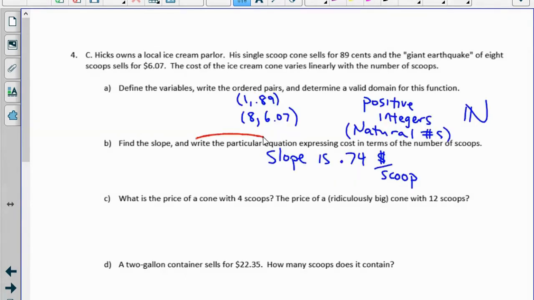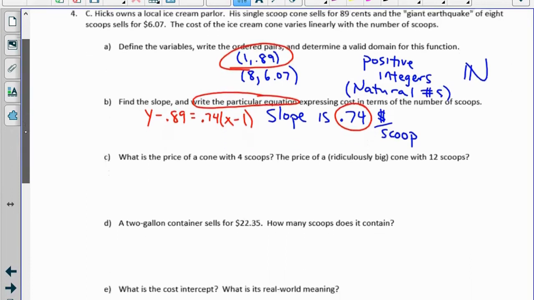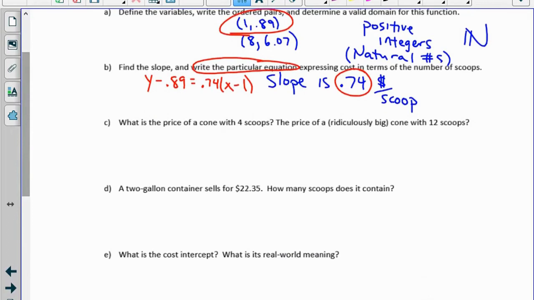And we're going to write the particular equation. It's probably not easiest to find the slope-intercept yet. We will probably want to write point slope form. So y minus 0.89 equals 0.74 times x minus 1. I'm just taking one of the points and the slope and substituting it in. Now, if I want to find slope-intercept, I can.